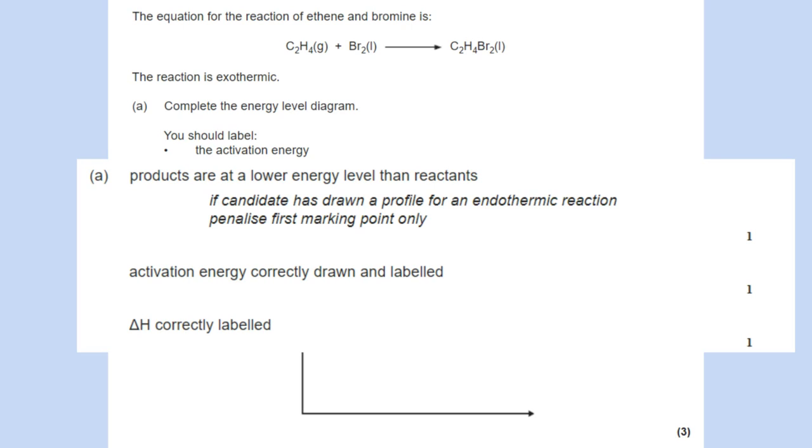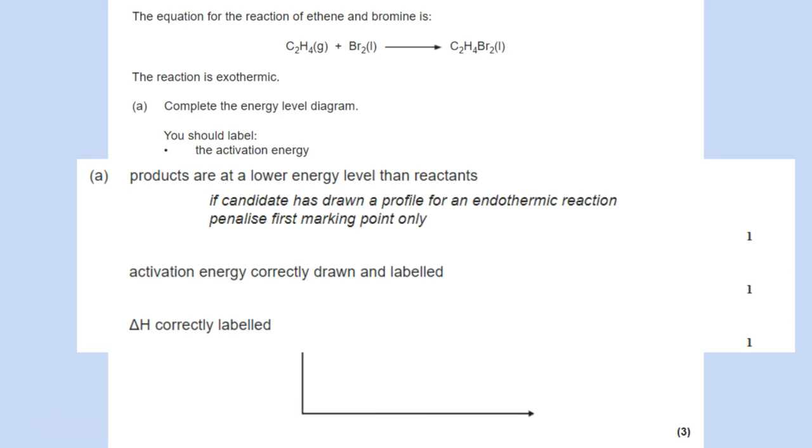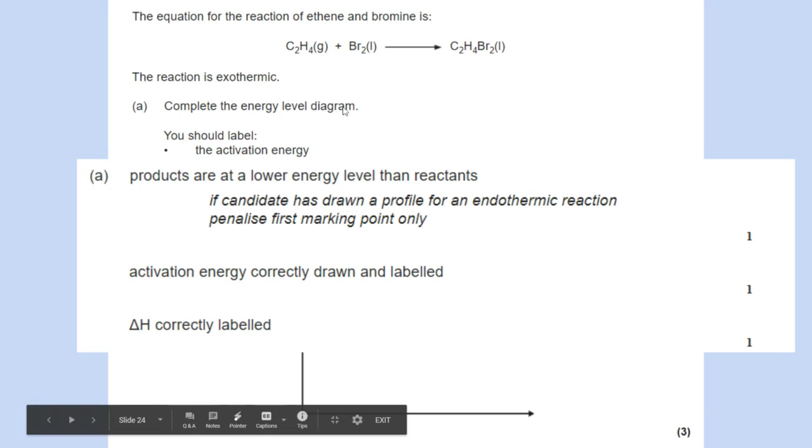The exam question is there, just asking you to label the activation energy, some axes drawn underneath, and the 3 mark scheme are there as well, okay? But as they don't really relate to our reaction, we're not really going to talk about them, okay?